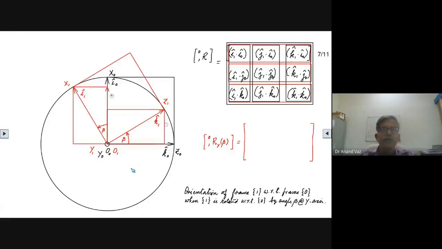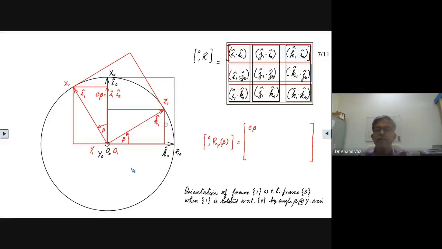This component is i1 dot i0, and that is equal to, you can see it is cos of beta. I will write it in abbreviation as CB, indicating cos of beta. In the same way, we'll fill it up here. This element is cos of beta.